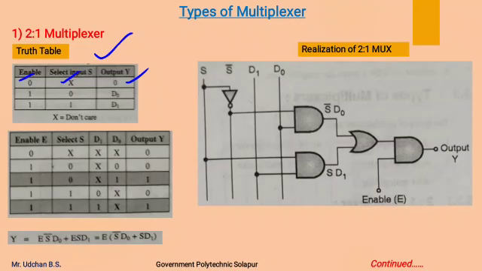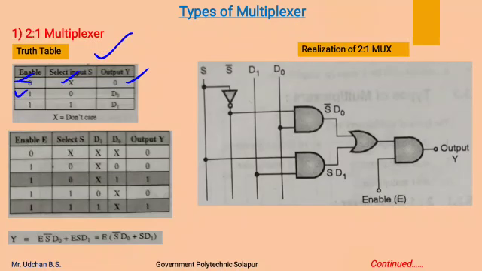So from this first case we can say that we have to make the enable input high so that we can get output with respect to the available inputs on the input terminals.